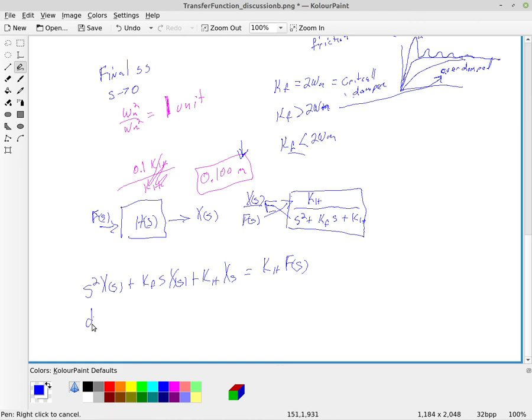So that's going to be d squared x(t) divided by dt squared, my acceleration, plus the velocity term, so that's dx(t)/dt, plus my spring term here, kh times x(t), is equal to kh times the forcing function in the time domain.